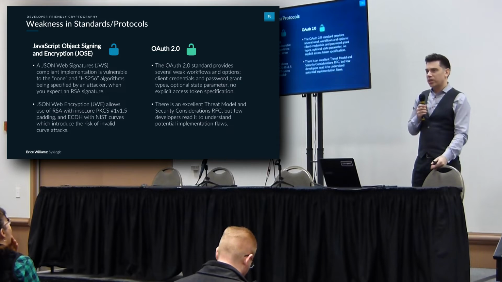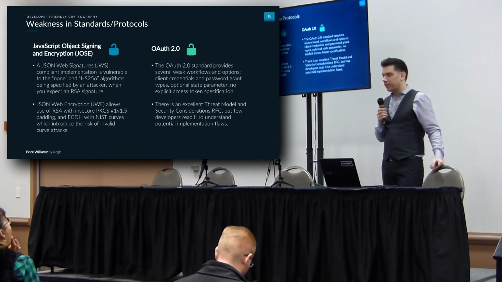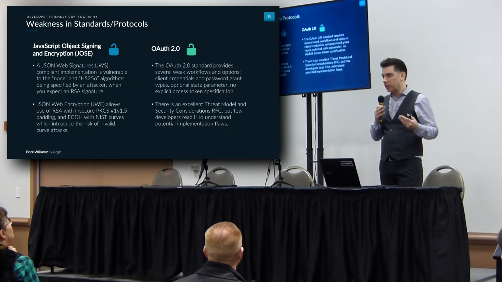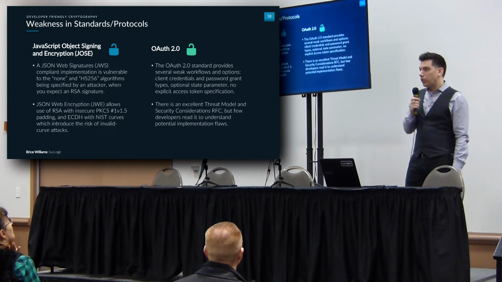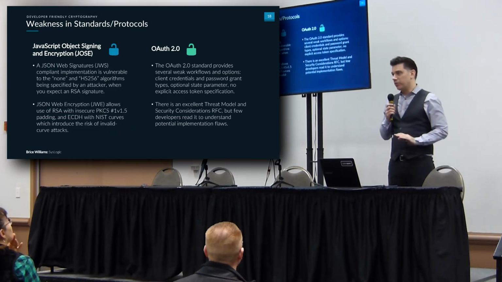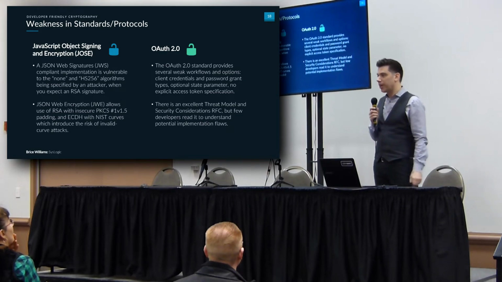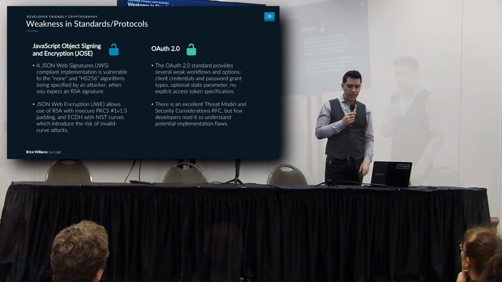OAuth 2, you may be familiar with OAuth 2. It's a great standard for, technically it's an authorization protocol, but used in the authentication and authorization space. It provides several weak workflows that ideally should never be used in modern systems, but I see this all the time. Use of client credentials and password grant types where they shouldn't be used, that's not recommended.